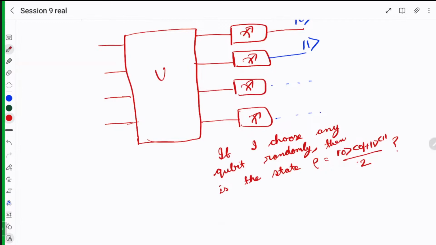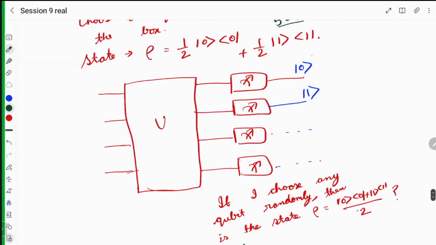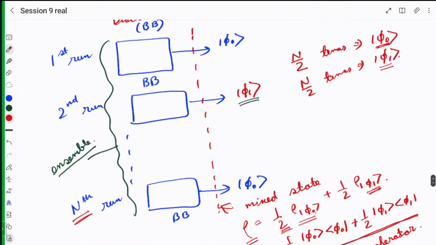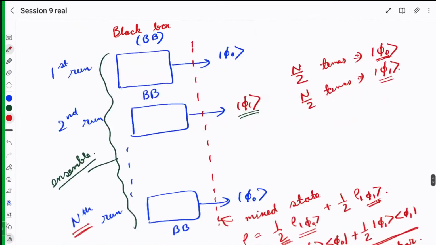Then no, right. The reason the answer is no is because although these two situations seem very similar. Yeah, it is possible that you get 0 70% of the time and 1 30% of the time. In that case, the probabilities will be different: 7 by 10 and 3 by 10. So let me first answer that question.